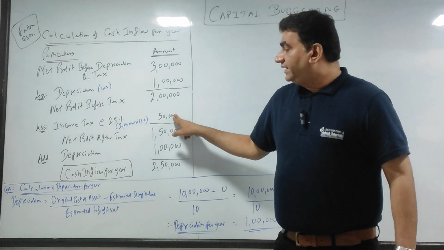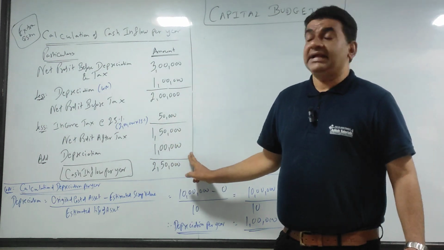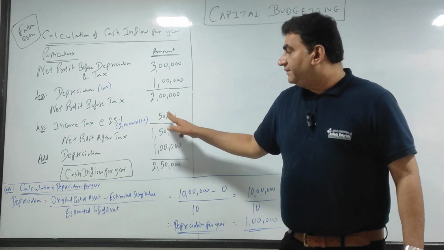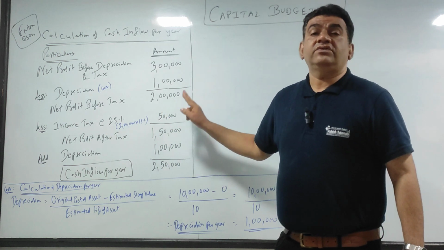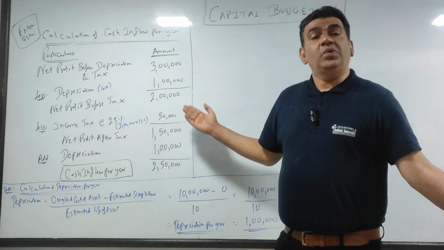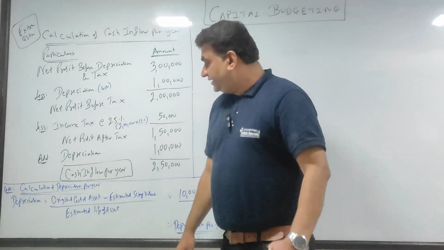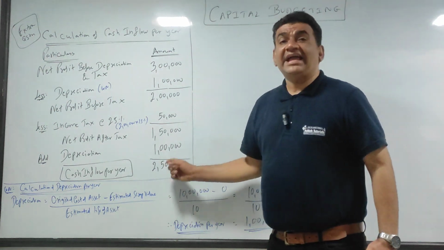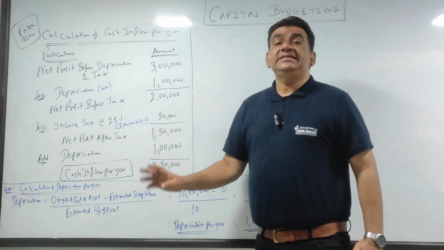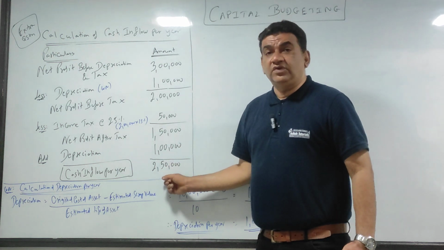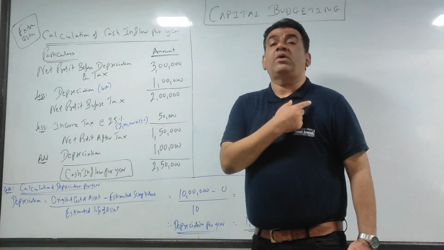So take the benefit and then you add it back. अगर मैंने ये नहीं किया होता, unnecessary 25,000 income tax मेरा ज्यादा होता. Got it, guys? So this 2,50,000 is my cash inflow which I will now require.